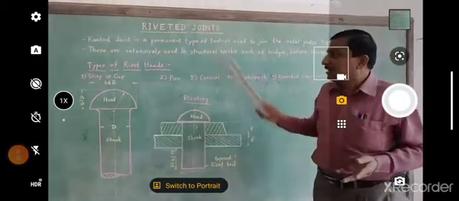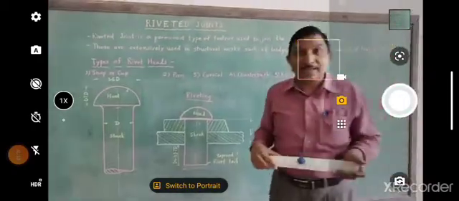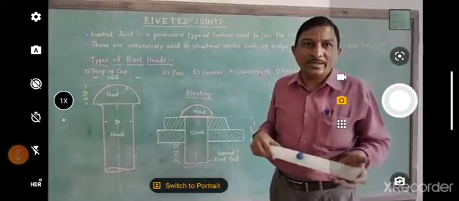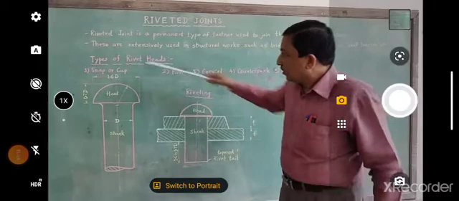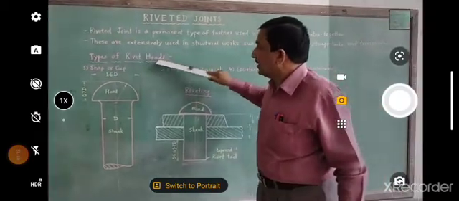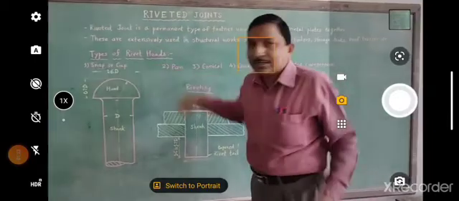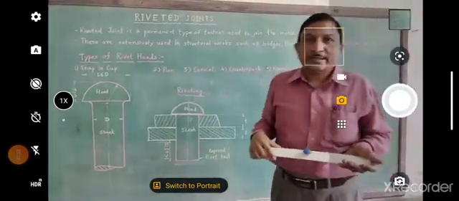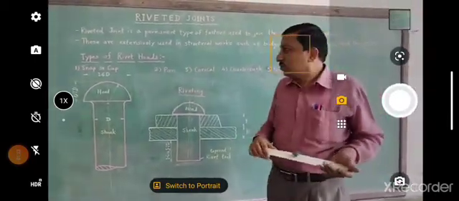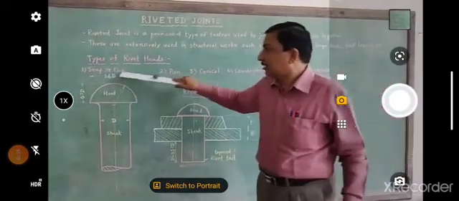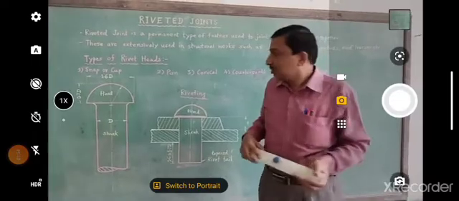Usually a rivet is made of ductile material, usually copper or aluminum. There are different types of rivet heads available. We are going to focus mainly on the snap or cup type of rivet head.